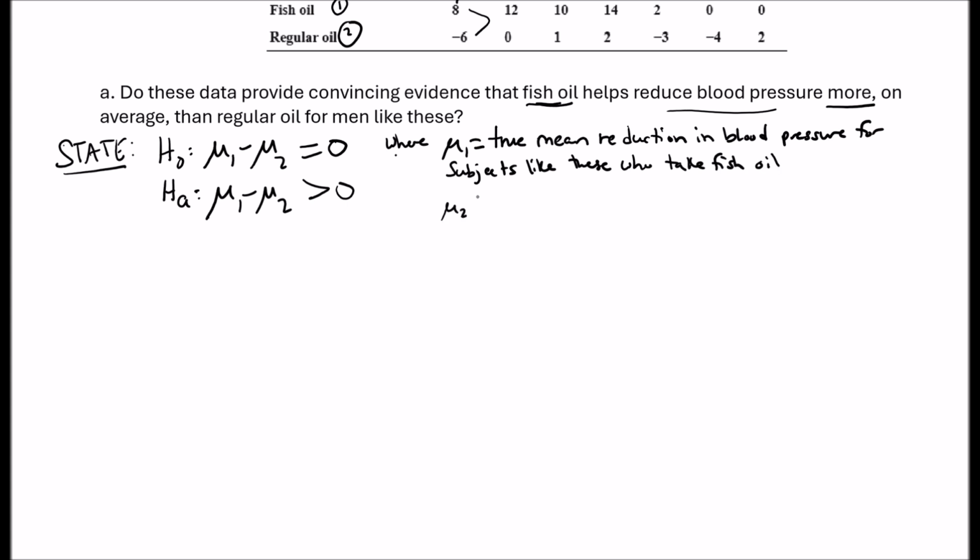And mu2 is the true mean reduction in blood pressure for subjects like these who take regular oil.